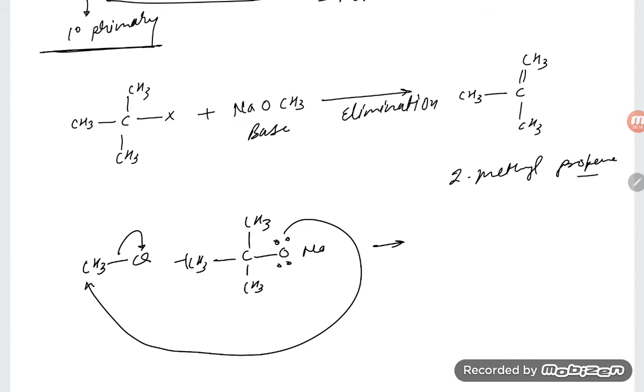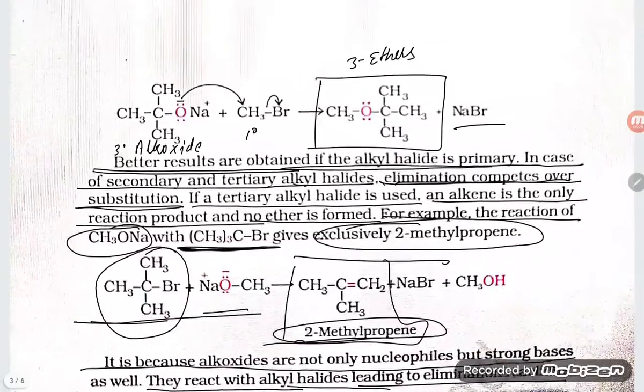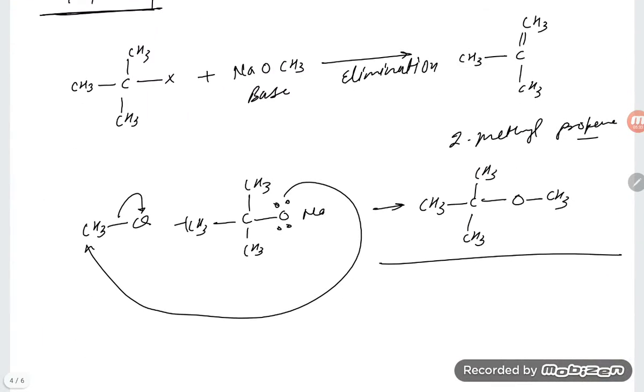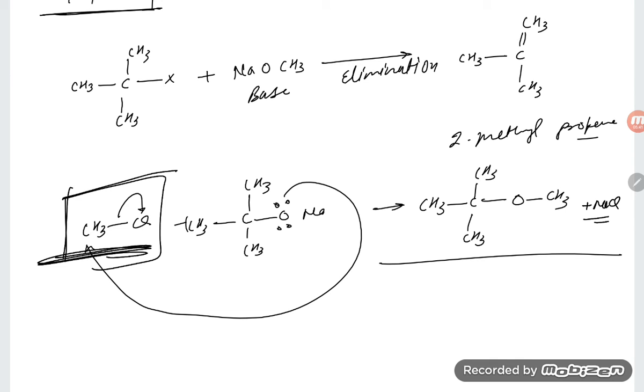So what is formed is (CH3)3C-O-CH3. This is our product, plus NaCl is also formed. So whatever you take, the product is determined by the alkyl halide group, student.